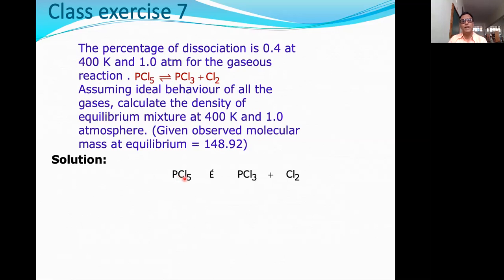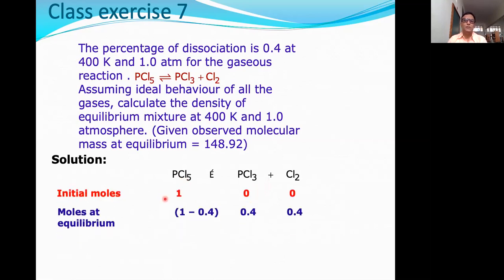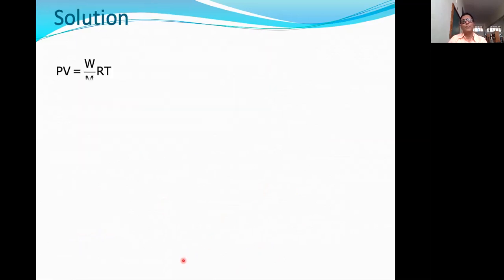We are given the reaction PCl5 gives PCl3 plus Cl2. Initial moles you can write like this, and moles at equilibrium will be 1 minus 0.4, and here 0.4 and here also 0.4. The total moles are 1.4. Now you know that PV is equal to W upon M RT.